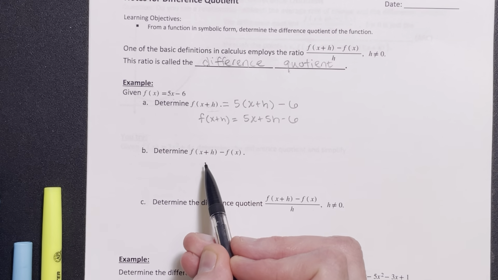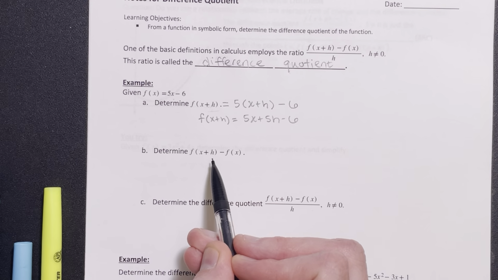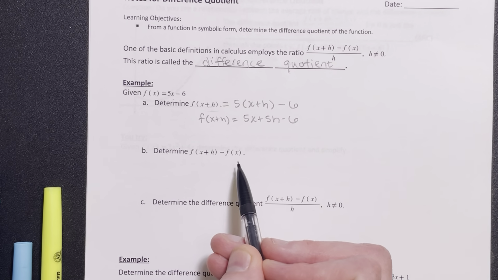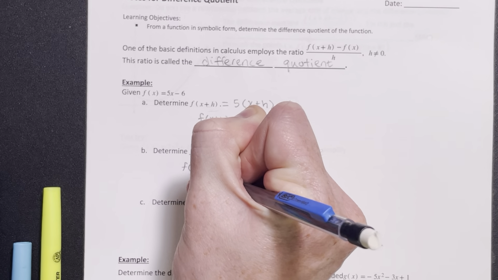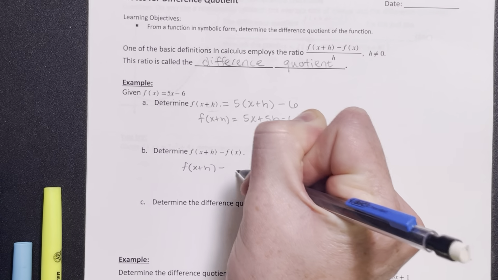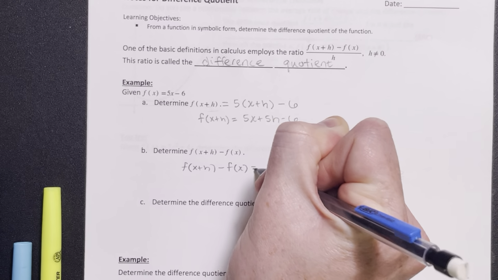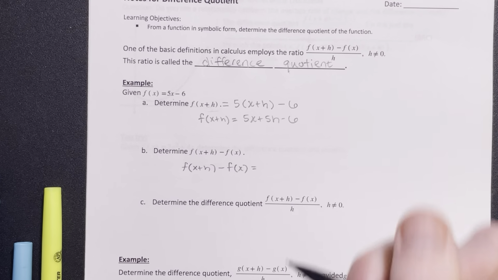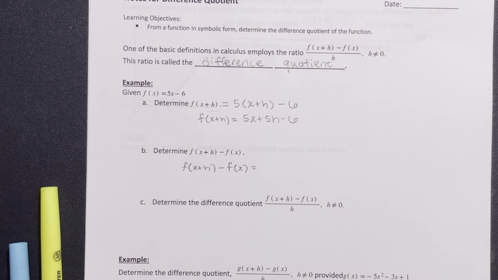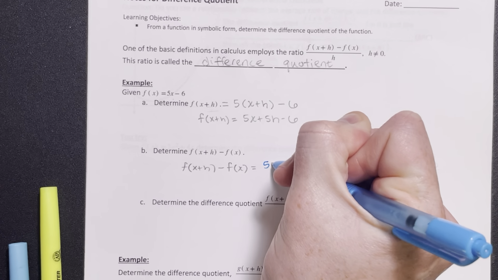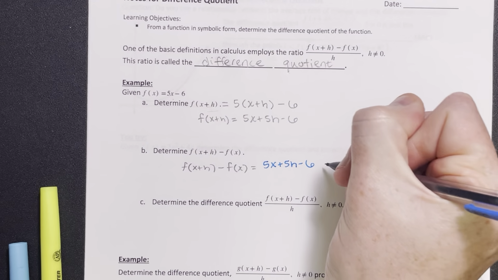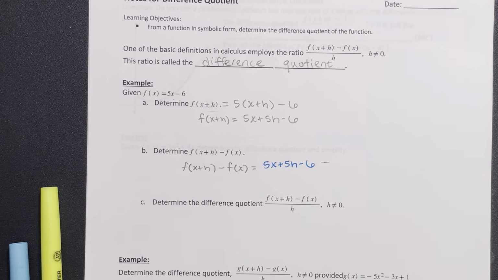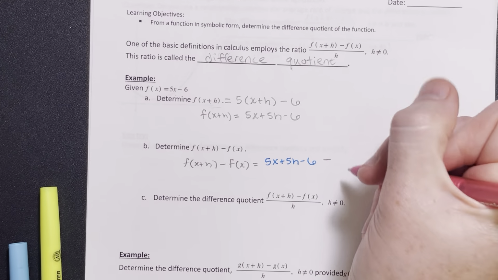The second step would be to determine f of x plus h minus f of x. I'm just going to rewrite this again down here so I've got some room. That would mean we have f of x plus h, which was 5x plus 5h minus 6, and we are subtracting f of x, which was 5x minus 6.